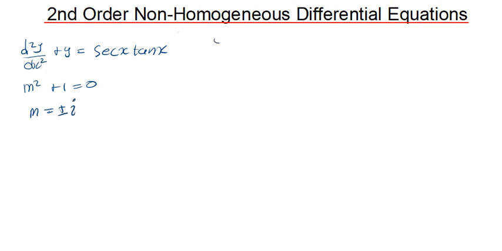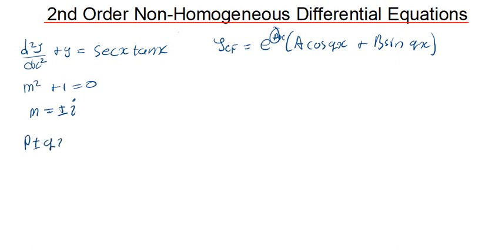So our complementary function, once again, our p is equal to 0. By the way, what I mean by p is, since we have complex roots, we are supposed to have e to the px, then cos qx plus b sine qx. My p comes from the fact that I'm supposed to say p plus or minus qi.